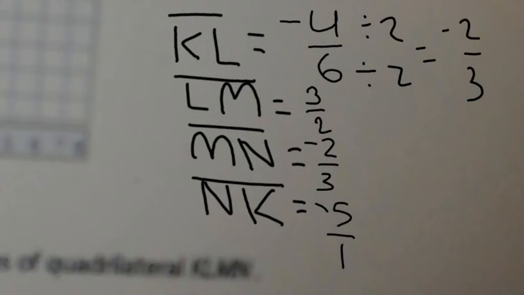Obviously, it will end up equaling MN, since this is also -2 over 3. But we can also simplify -5 over 1, so it's pretty obvious in terms of -5. I believe there's a word for it, but I can't remember the correct vocabulary. So we're just going to leave it at that.